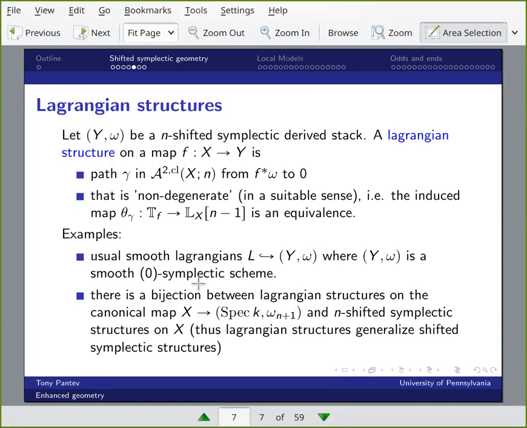Now you have extra freedom because the Lagrangian is not really a submanifold, because this is not a manifold, it's just a derived stack, but it's something mapping to Y. So if you have a map from another derived stack to Y, you can say what an isotropic or a Lagrangian structure on such a map is. So an isotropic structure is, again, you need to take the symplectic structure, pull it back, and you need to say it's zero.